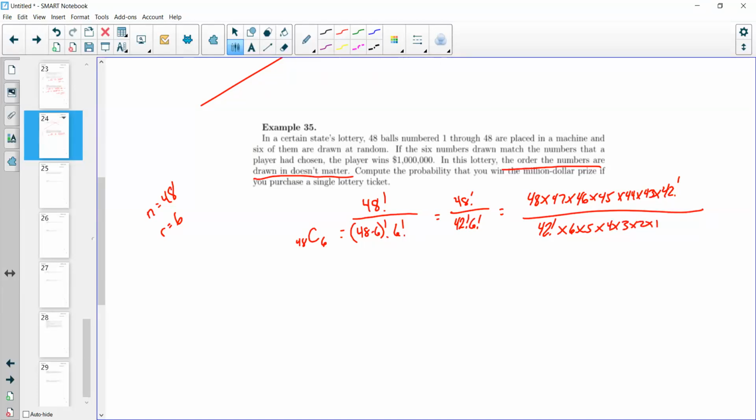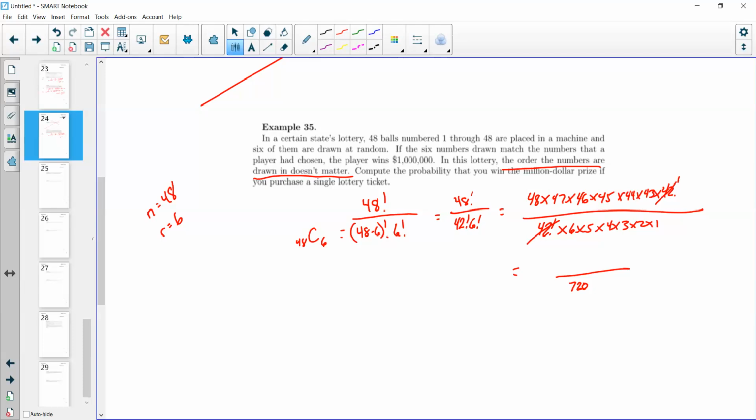Everybody okay with what I did there? And then since I have 42 factorial in the denominator and 42 factorial in the numerator, I can cancel them out. And this is 720.